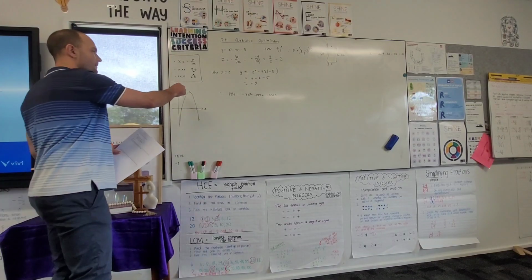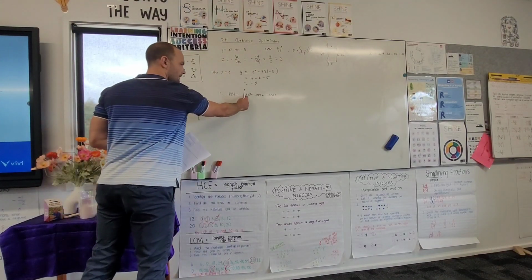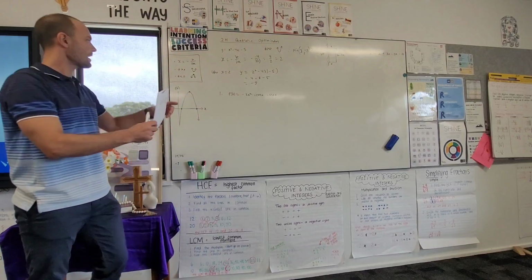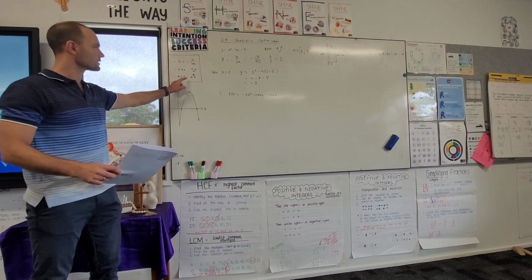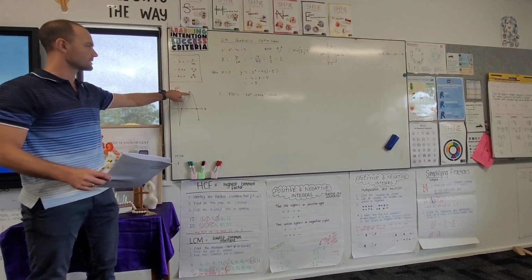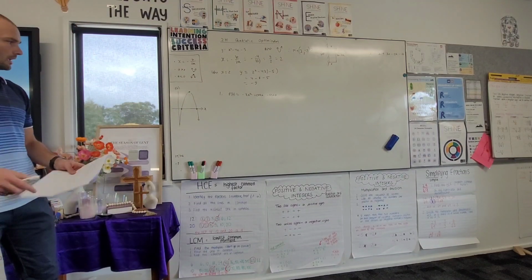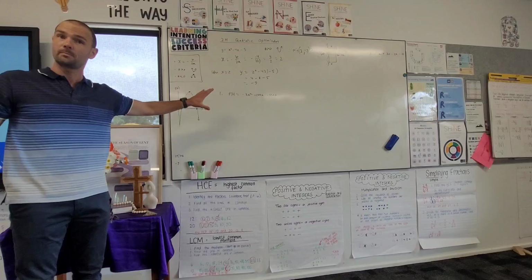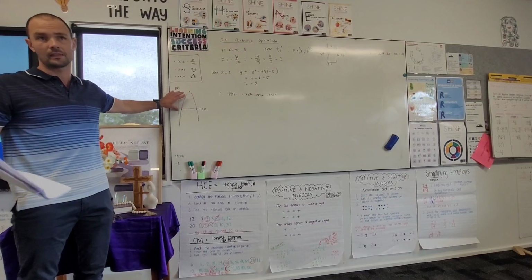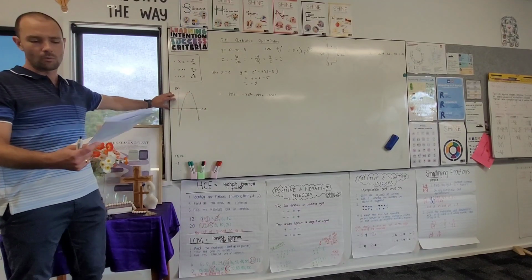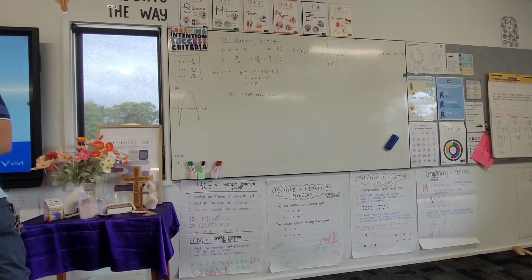We know it's going to have a maximum point because the a value is negative. If the a value is less than 0, it's going to open downwards, so it will have a maximum point. So we want to know the coordinates of that point. Now, we could solve this just by graphing it and G-solving it. That's a way we can check our answer, but we're going to use these quadratic techniques.